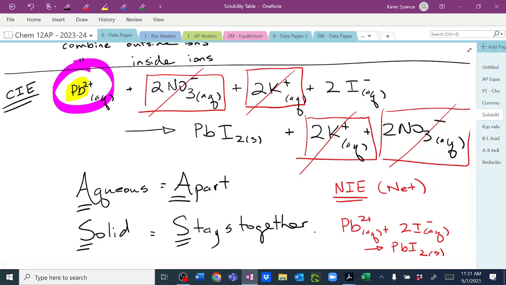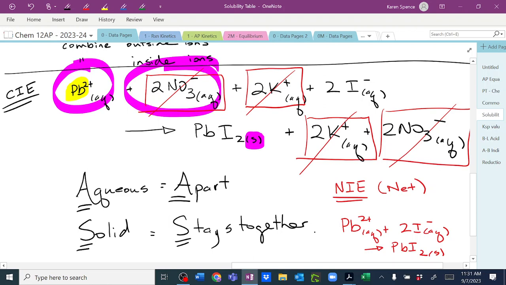Because we start with lead ions. What do we finish with? Lead as part of a solid. So what will happen to the concentration of lead ions as time goes on? It's going to go down. Okay. Now, could I measure a change in concentration of nitrate?